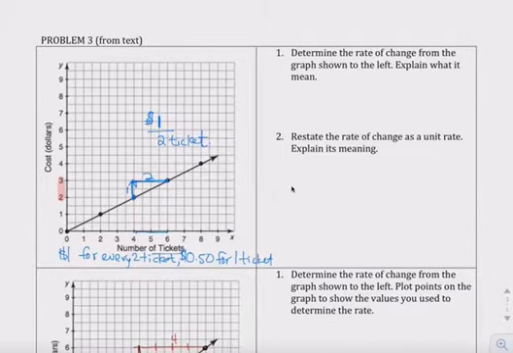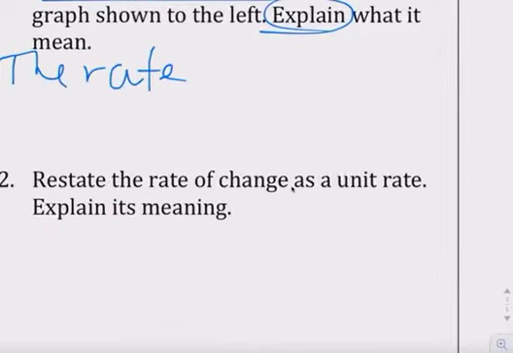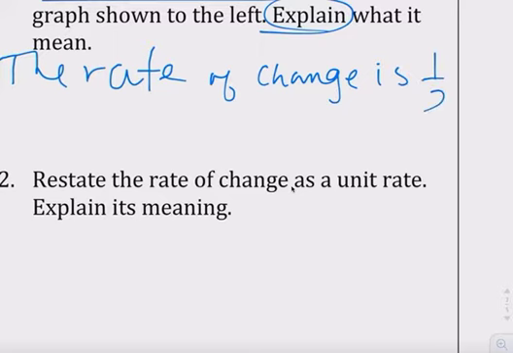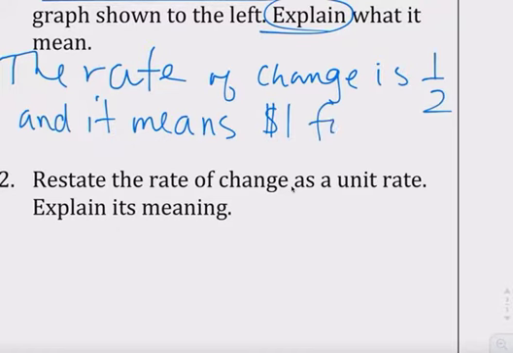Oh, we explained it here. Determine the rate of change and what it means. Explain the rate of change is 1 over 2, and it means $1 for every 2 tickets.